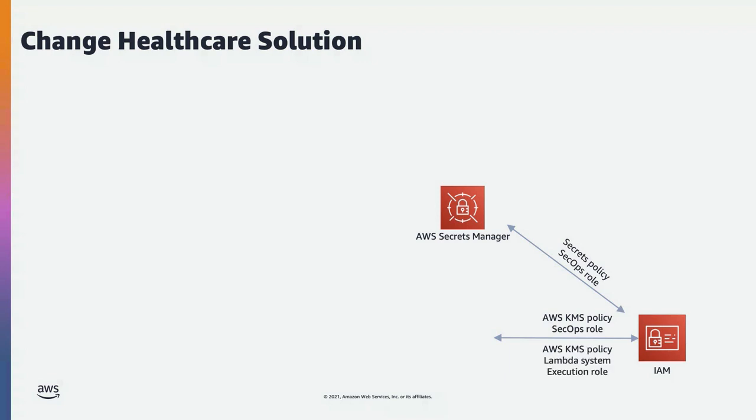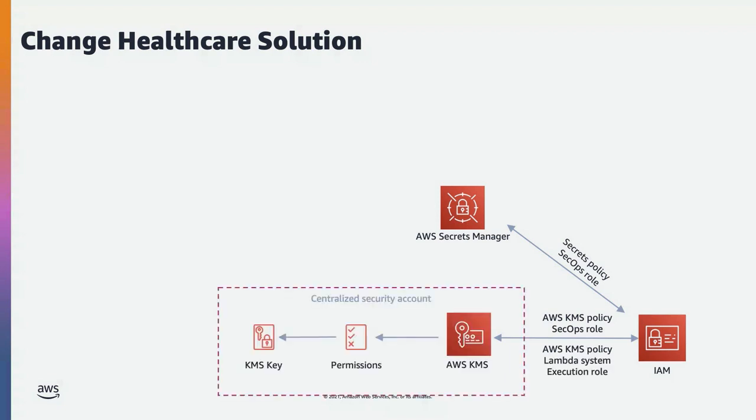We also created a KMS policy to allow IAM users, groups, and roles to connect to AWS KMS. And from here, you can see we have the centralized security account. With AWS KMS, we used the permissions and also created a KMS key. This KMS key is owned by the customer, and they can create, delete, and manage their specific KMS key.